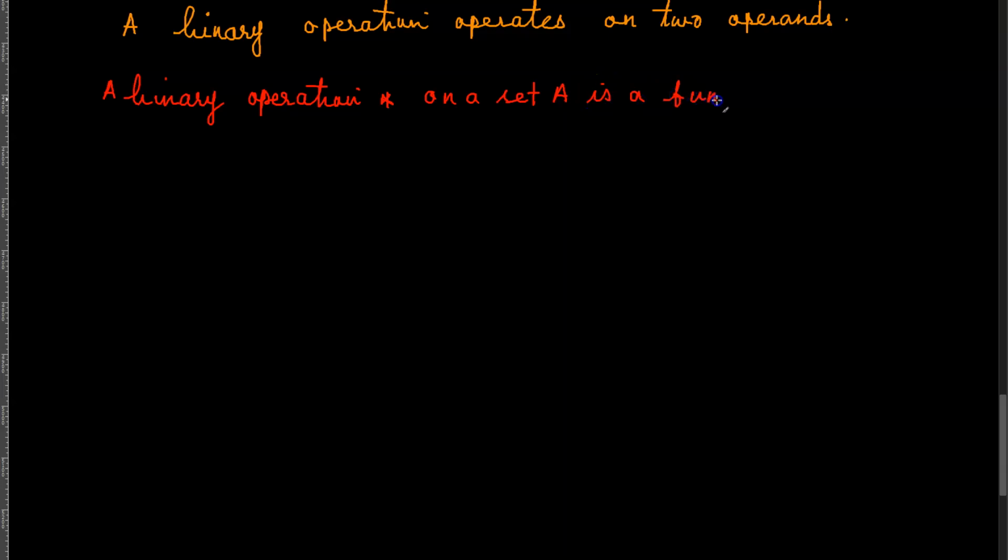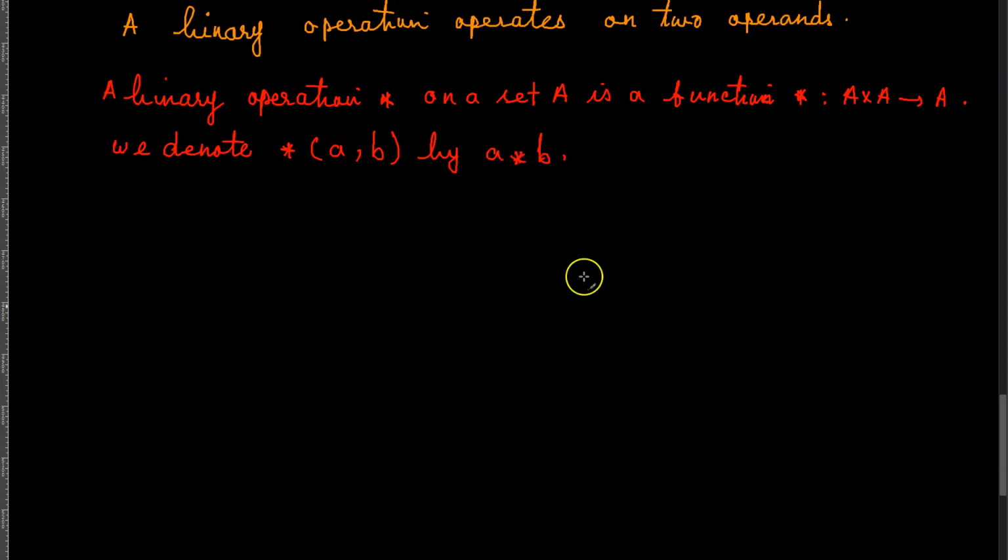It has to be a function, star as a binary operation on the set A, and we denote star of A comma B by A star B. Okay, that's basically the whole story there.